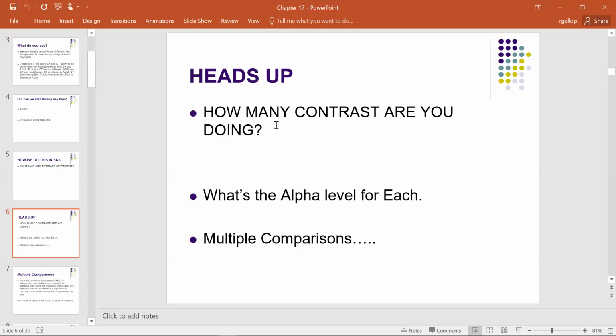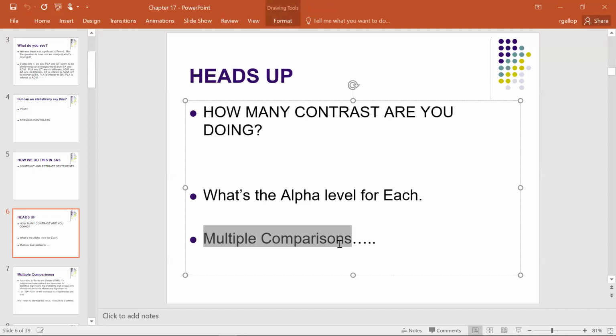So when we start doing a bunch of tests, one of the issues becomes, okay, we have a type 1 error possibility for each test we do. And as we do multiple tests, does our type 1 error stay the same, or does it start to increase or decrease? So we start getting into this issue of multiple comparisons. And how are we going to handle the multiple comparisons?